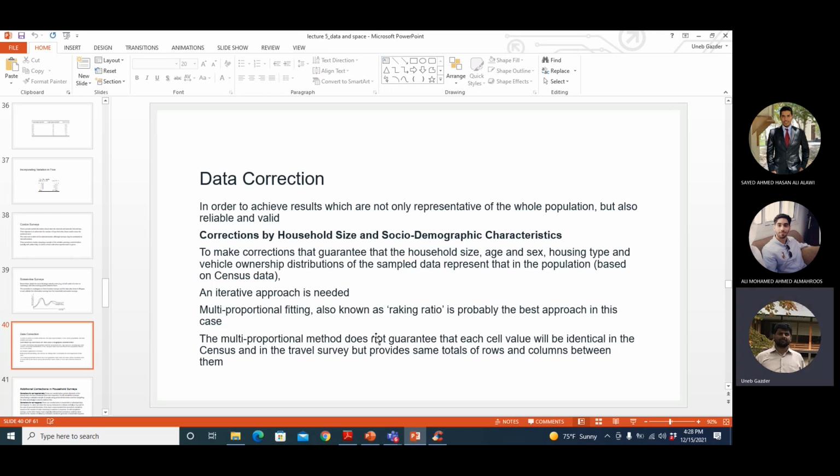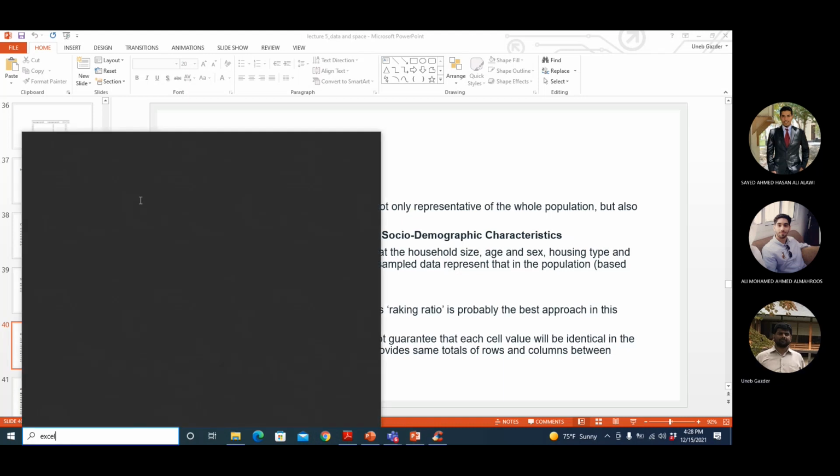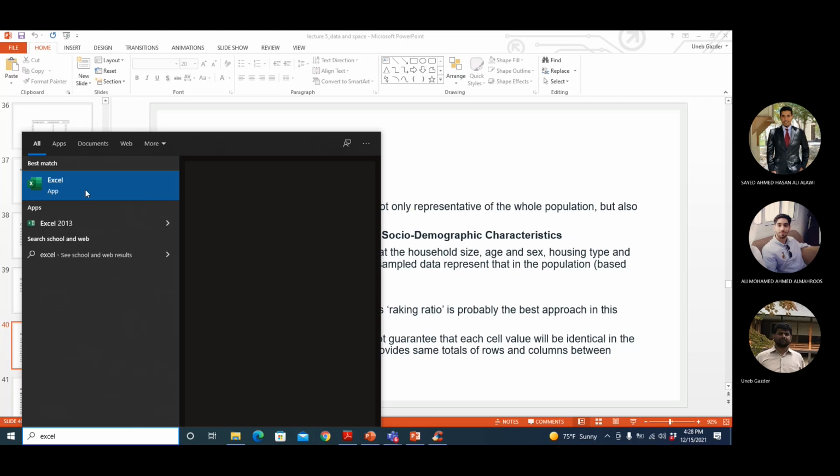Okay, so in the multi-proportional approach, we try to make sure that the total proportion of a particular type of household is the same. Okay, for example, let me show an example here.